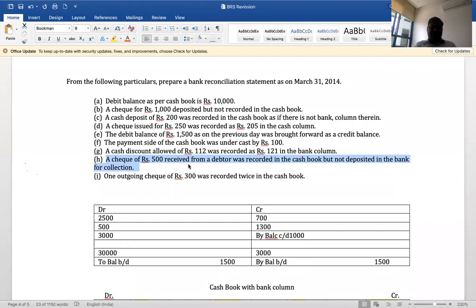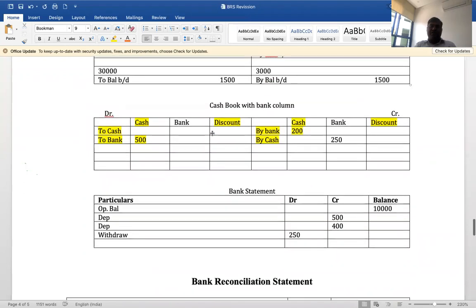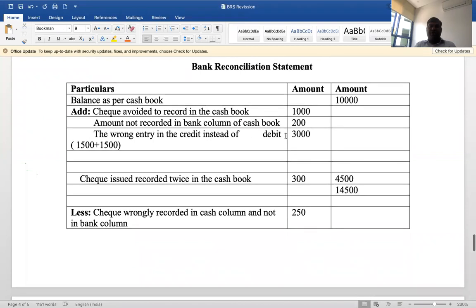One outgoing cheque of 300 was recorded twice. Cheque issued. Outgoing means issued. So we should balance the figure and add 300, since it was recorded twice. So the total of add items is 4,500.